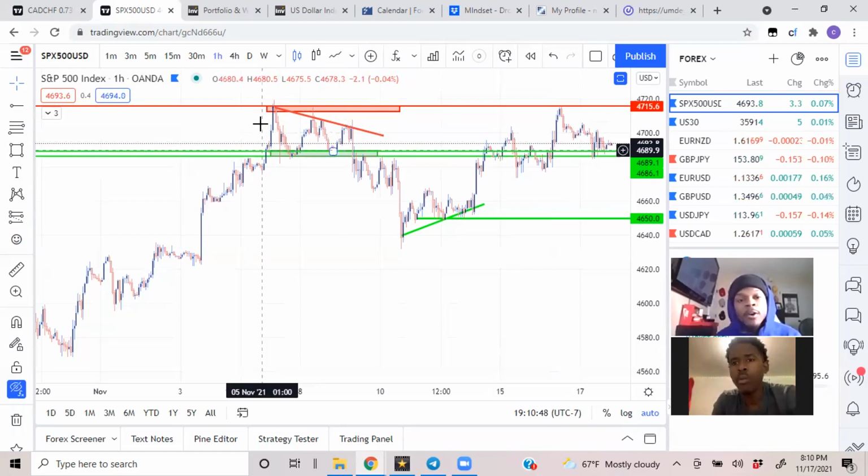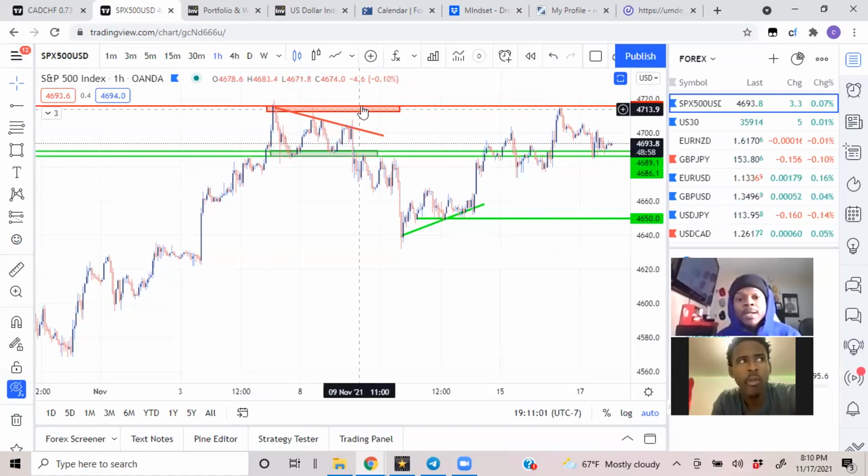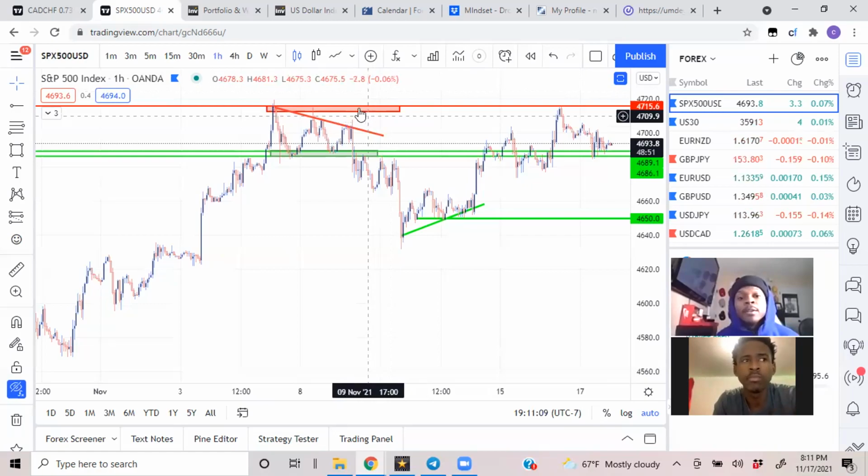It's a little far apart from each other. So that's a very big zone for me to just wait it out in. That means if it was to break through this red line and continue buying up, we're going to lose a lot of money. You're already going to be in a big drawdown if you're waiting in this range as it is.